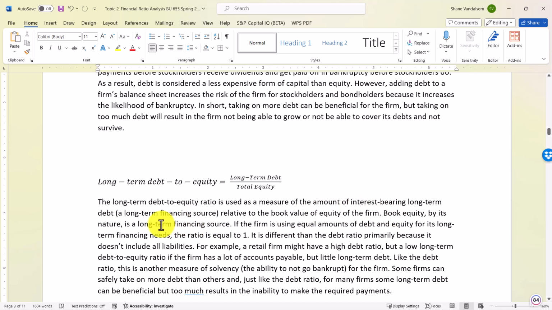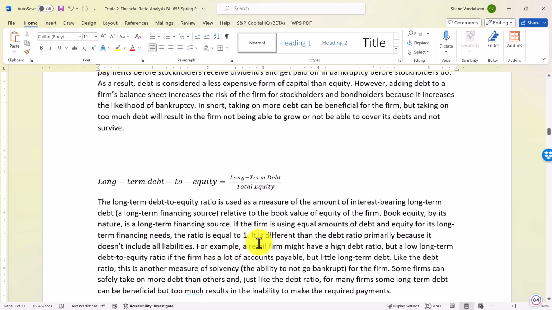Book equity by its nature is a long-term financing source because it's provided by the equity investors, and it stays there until they pay off those equity investors. If the firm is using equal amounts of debt and equity for its long-term financing needs, the ratio is equal to 1. It is different than the debt ratio primarily because it doesn't include all liabilities, as I mentioned before.